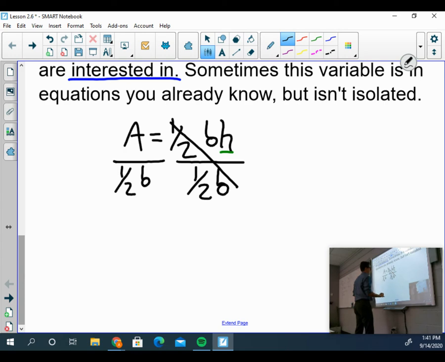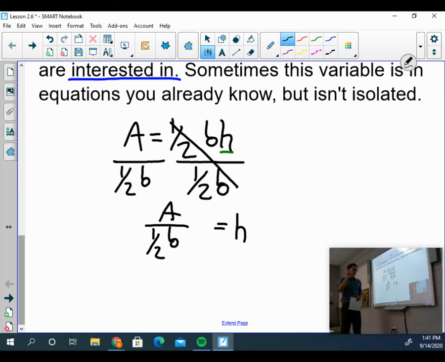This will cancel on the right side, leaving me with h. And on the left, I have a over 1/2 b. Again, if you want to stop here, that is fine. But as you've seen in my classroom, what do we do when we divide fractions? Don't ask why. We flip the second and multiply. We're dividing by a fraction here.